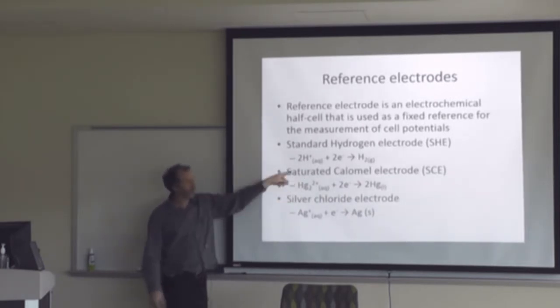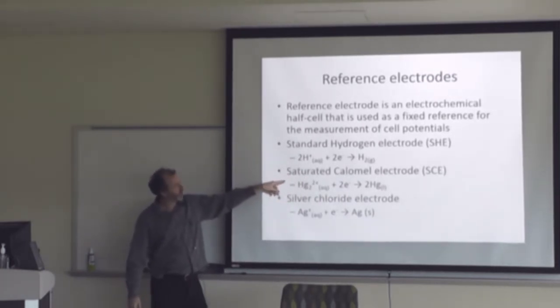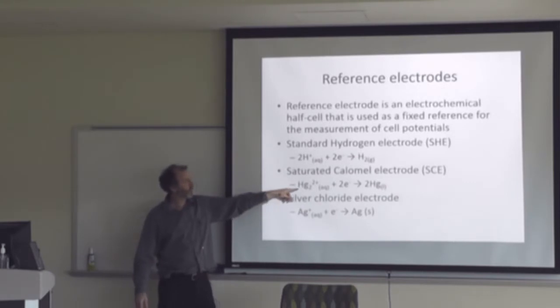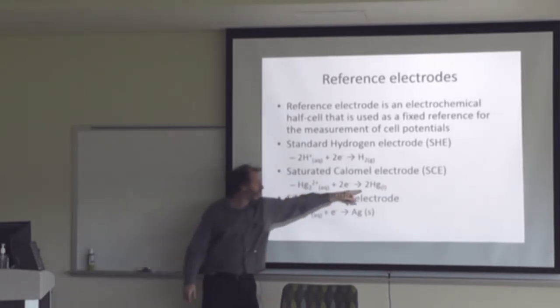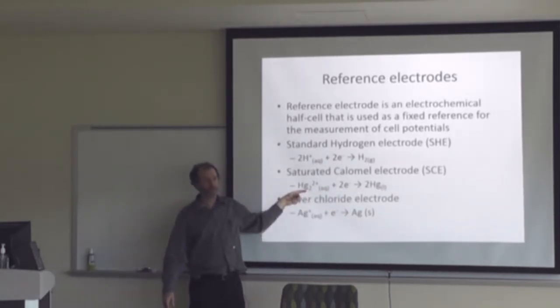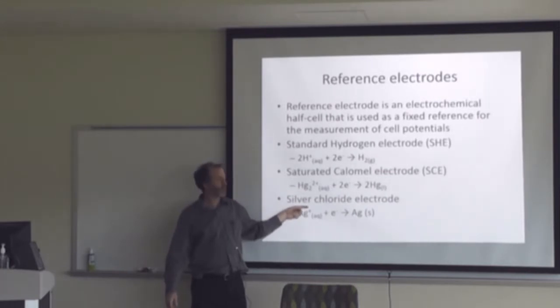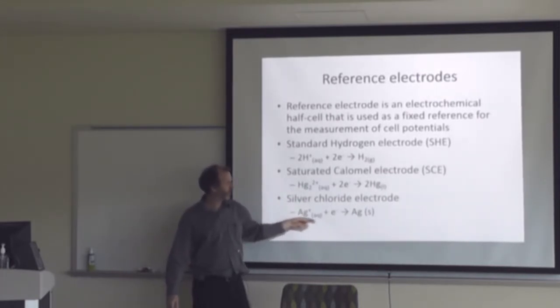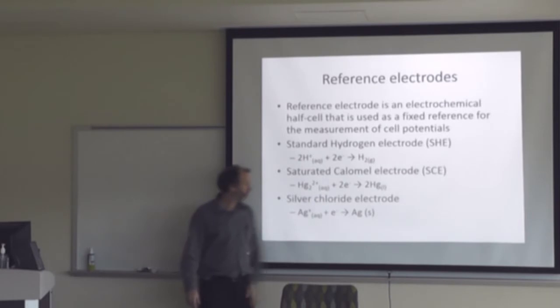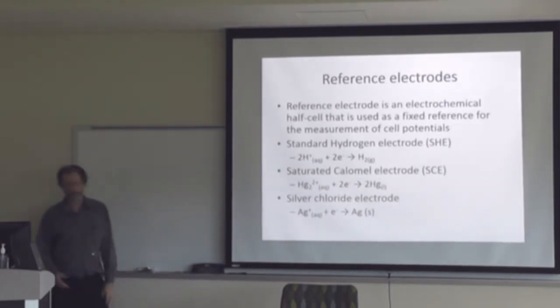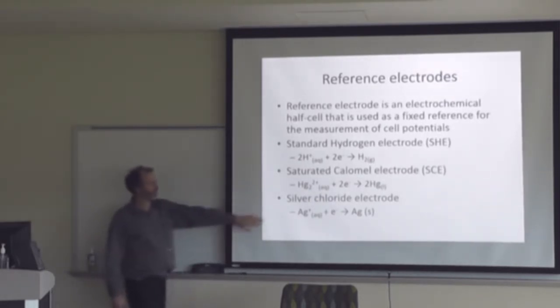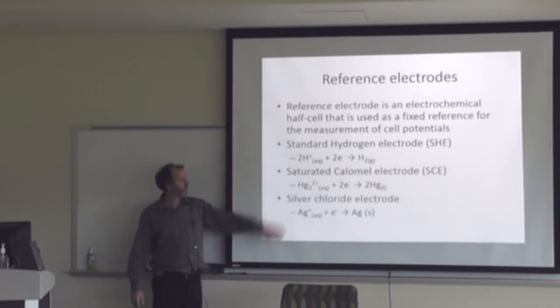You will see these two a lot: the standard calomel electrode, which has mercury going from liquid mercury to ionized mercury, or the silver chloride electrode, where silver ions get reduced to silver metal. And in fact, this is what we have in our pH meters, and I've seen these before in pH meters too.